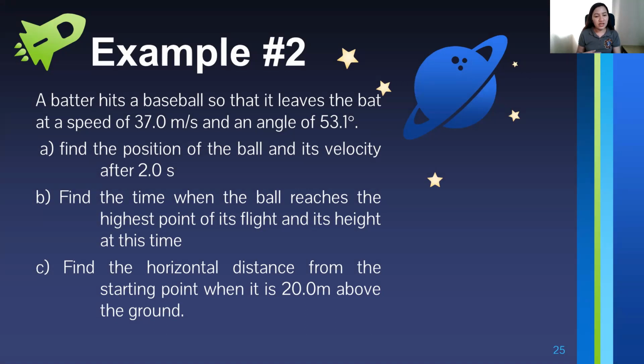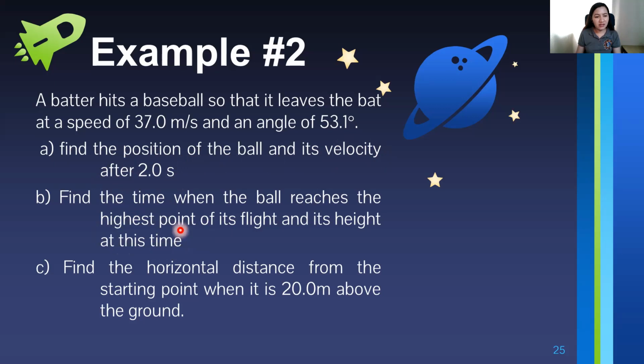We're now going to find the time when the ball reaches the highest point of its flight. So, balik ta. In letter A, when you say position, we will be looking for its horizontal and vertical distance that it covered, and of course, the velocity after 2 seconds. For letter B, we're looking for the time when the ball reaches the highest point, and its time of flight, and its height at this time.